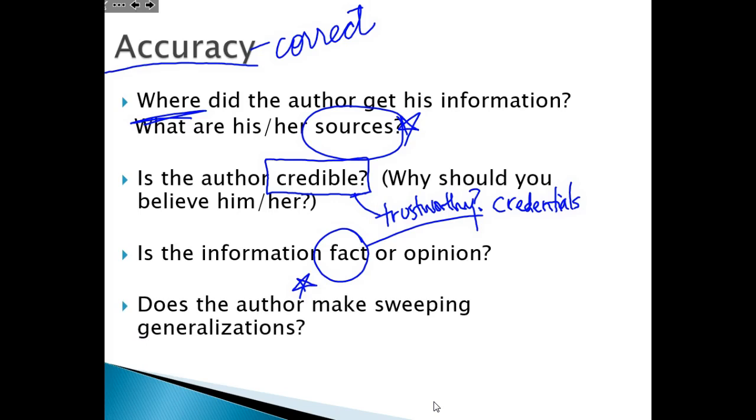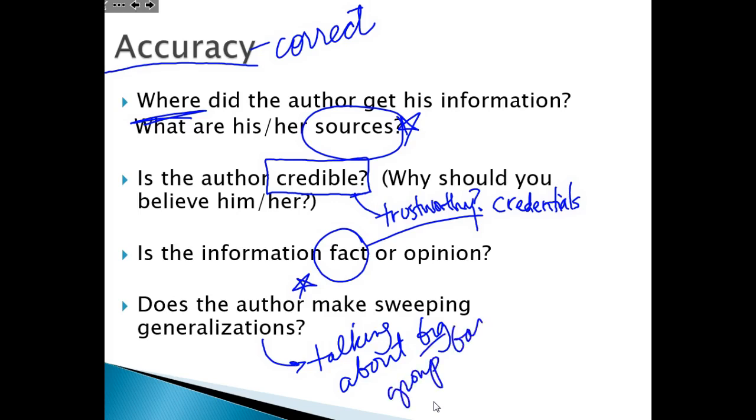Next, we want to look at, does the author make sweeping generalizations? And a broad generalization means you're talking about many things. You're talking about a big group based on a small sample. This is not a good thing.